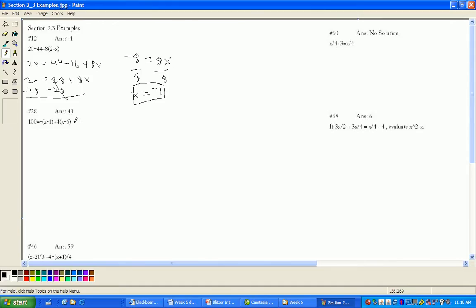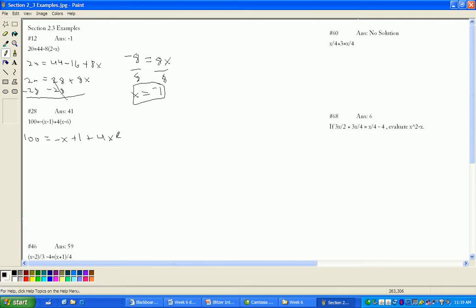Answer number 20, you see the answer is equal to 41. Let's go ahead and begin. We have 100, nothing to do on the left yet, is equal to, we distribute that negative, so we get negative x plus 1 plus, we distribute the 4x minus 24.